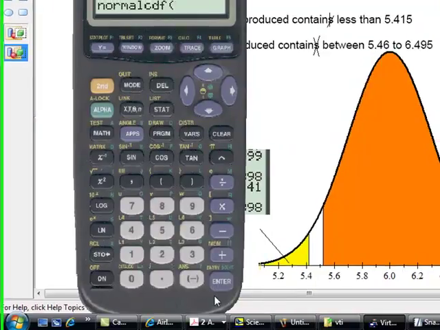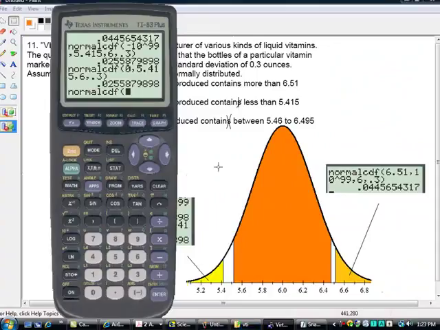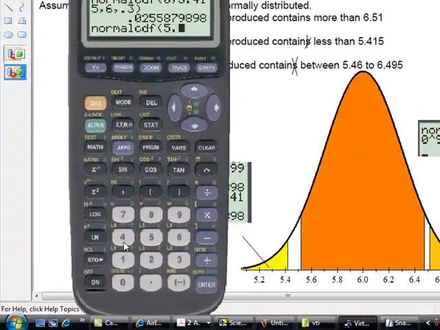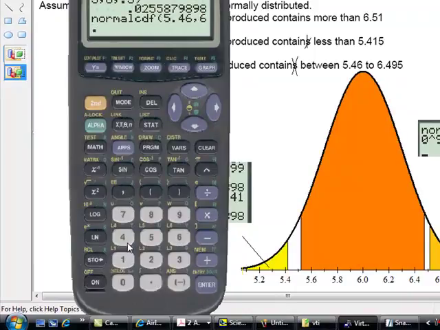What order do I put them in? The first number is 5.46, then 6.495. We don't have the lower bound of negative infinity anymore, because I'm starting here and ending here.